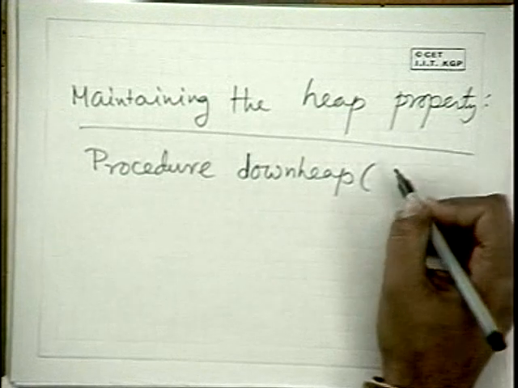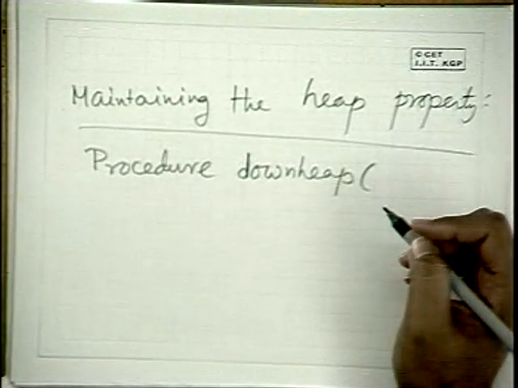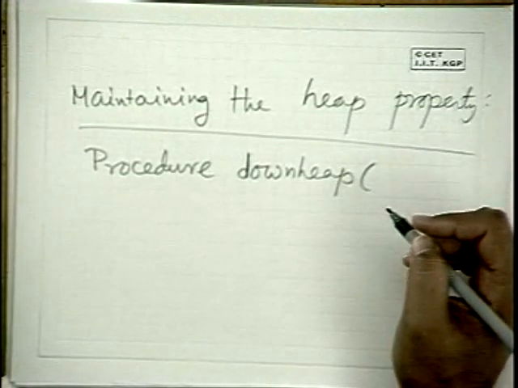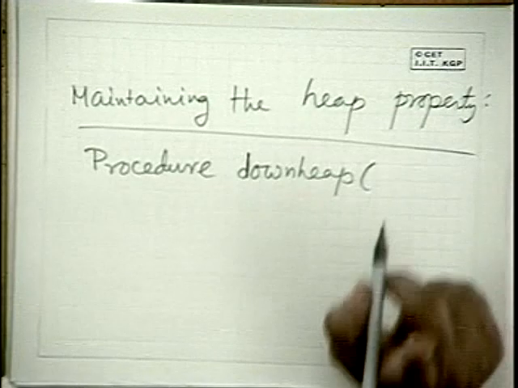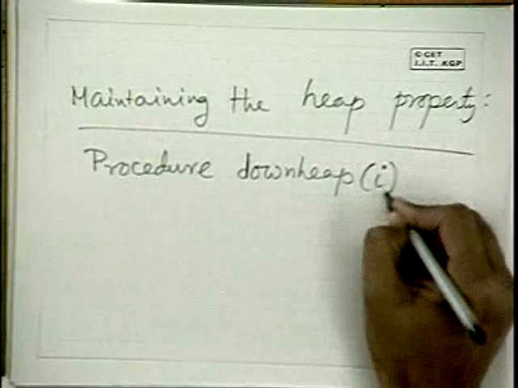Now see, I'll be using recursion here. That's why I am not calling the function down heap on the root, index 1, but on any general I. Basically, you call this function with argument 1. So this is the general index, down heap I.